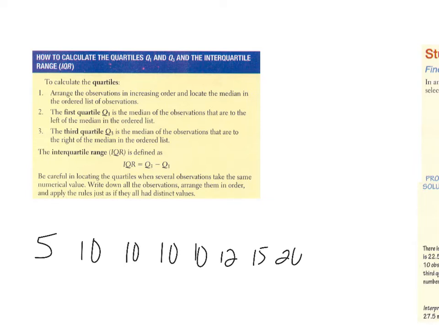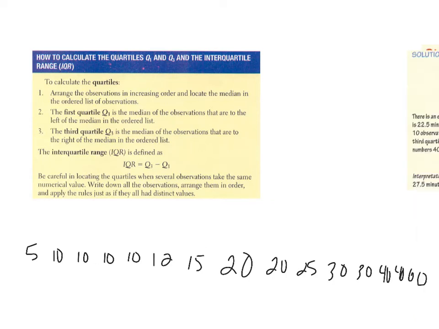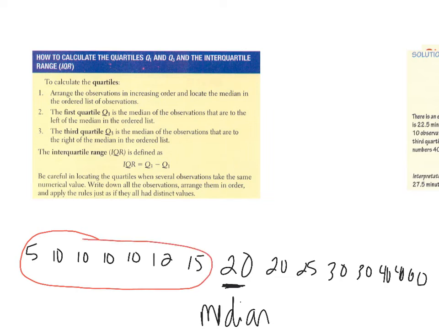And right here in the middle, this one right here, this was my median. Remember, this was an odd data set. There are 15 points in this data set. So when I'm finding the first quartile, I am looking for the median of the numbers to the left of the median of the whole set.